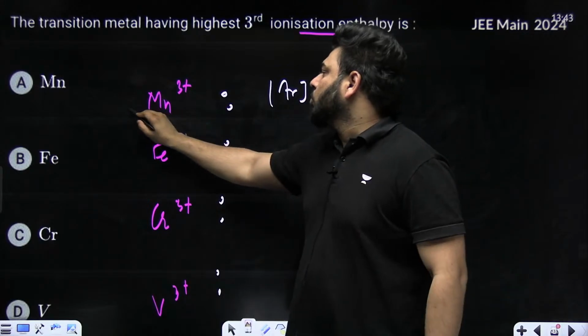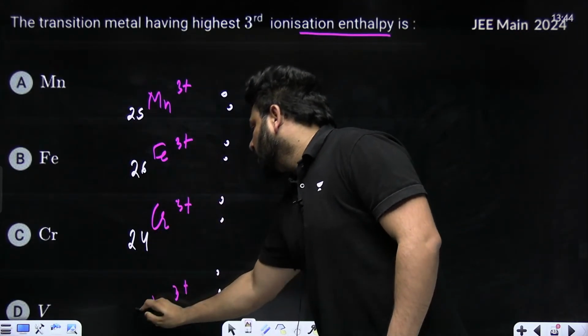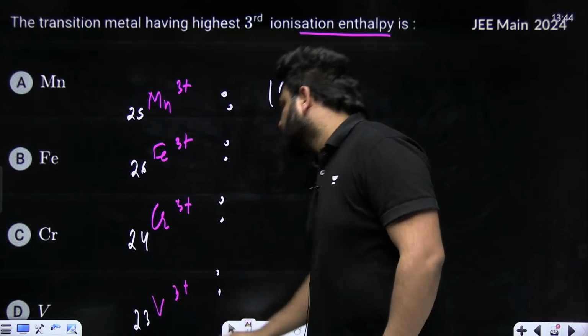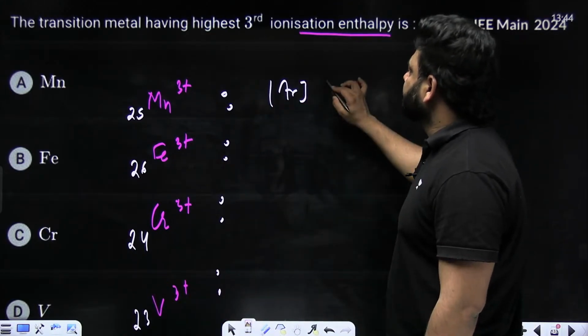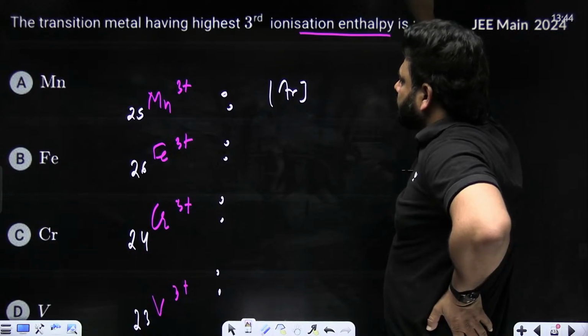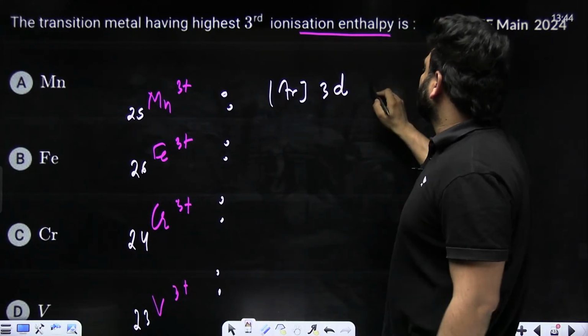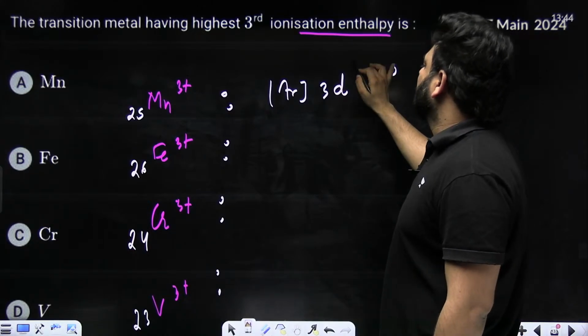This is actually 25, 26, 24 and 20, scandium, titanium, vanadium 3+. So this is argon 4s2, so 4s0 and 3d4.